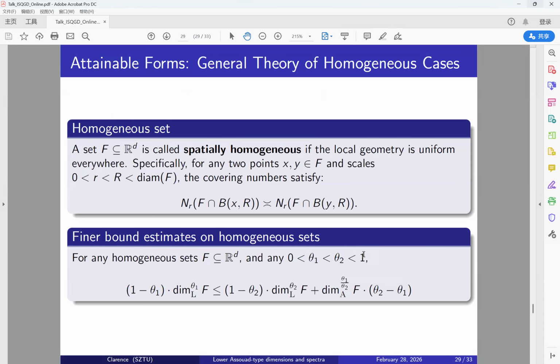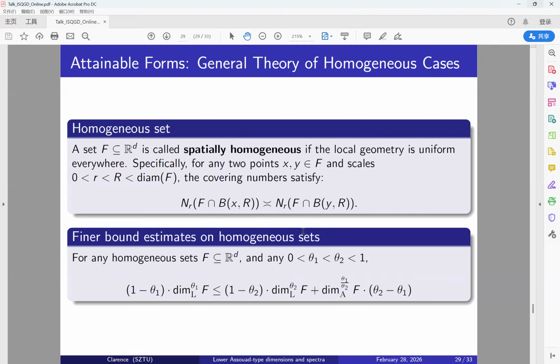Just to say, for any two points x, y in F and given two scales, smaller r and capital R, the ball covering numbers are approximately the same, up to a constant c. Here, as for the homogeneous set, it says that if we have a ball of capital R, no matter where it is, the number of smaller r covers of it is approximately the same, up to a loss of constants.